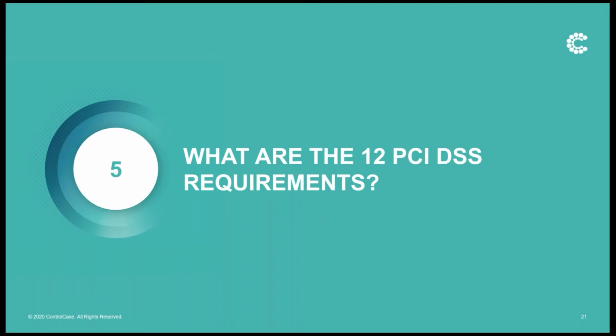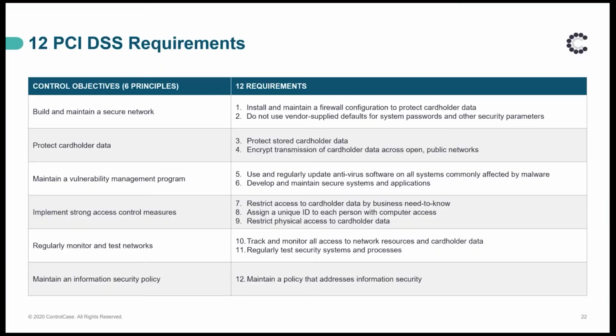Next, let's dive still one level deeper and talk about what are the 12 more detailed PCI DSS requirements. So when we talk about the detailed PCI DSS requirements, as you can see on the left, we talked about the 6 principles, and now we're going to talk about the detailed requirements, which are 12 in number, and you can see the mapping between the principles that we just talked about and the requirements we're going to be talking about.